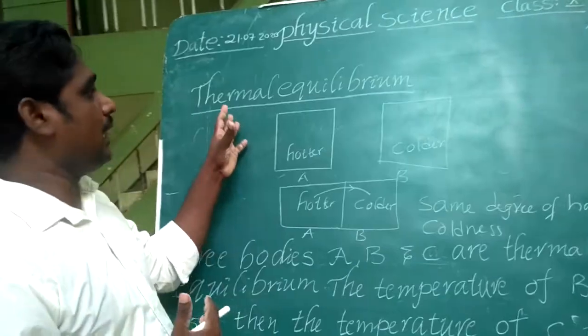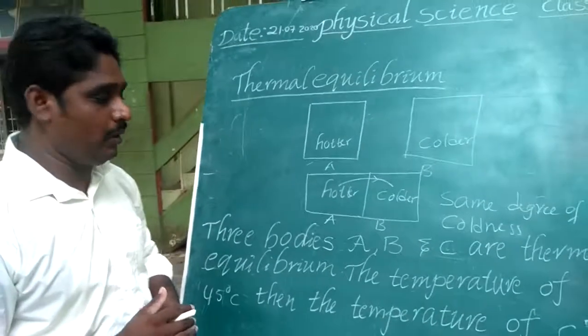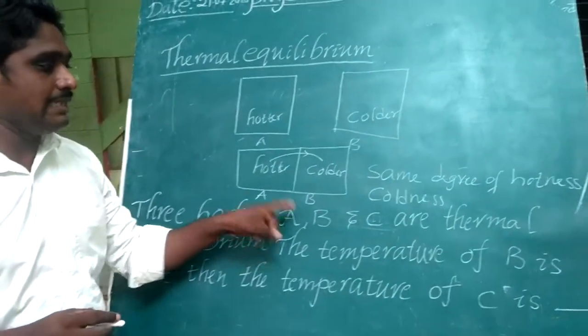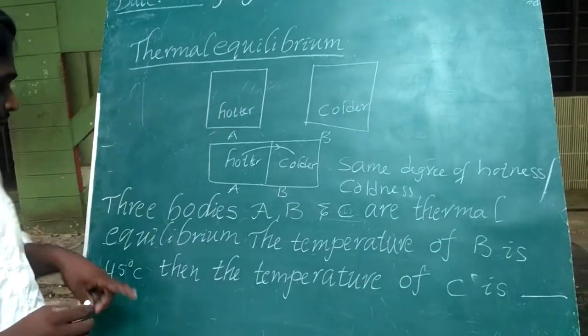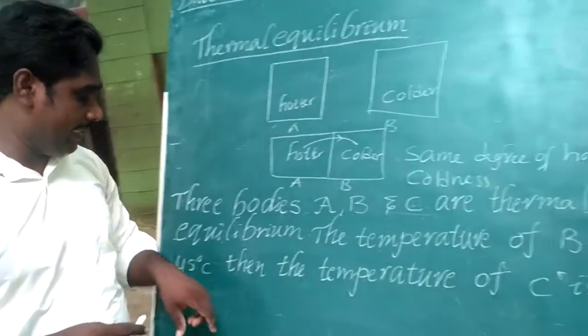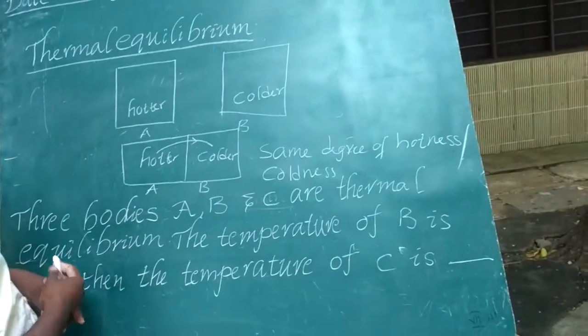For understanding thermal equilibrium, let us consider a small example. Three bodies A, B, C are in thermal equilibrium. The temperature of B is 45 degrees Celsius. Then the temperature of C is what?